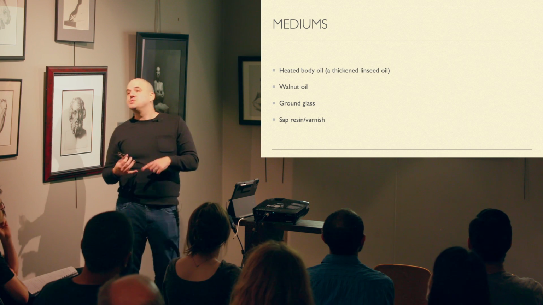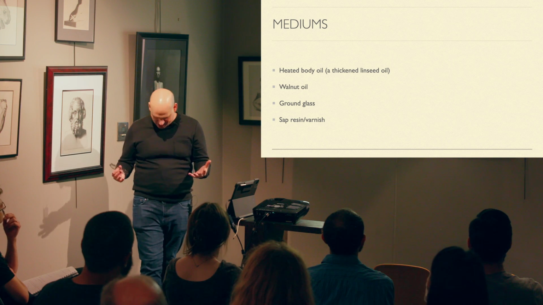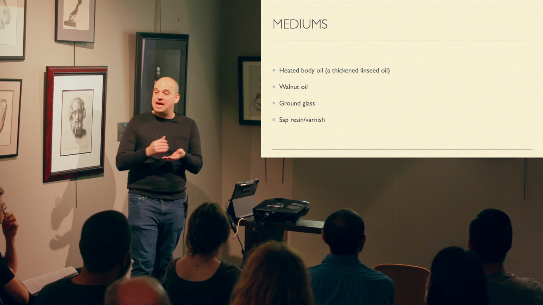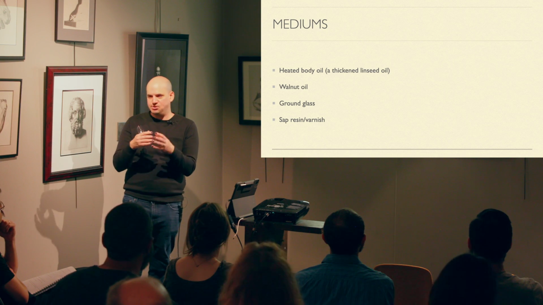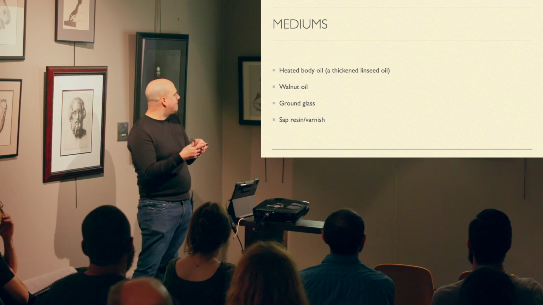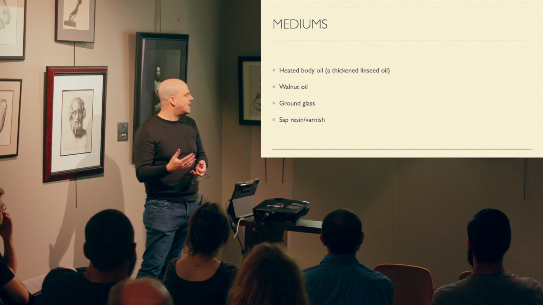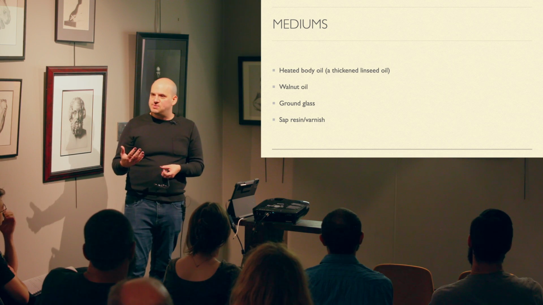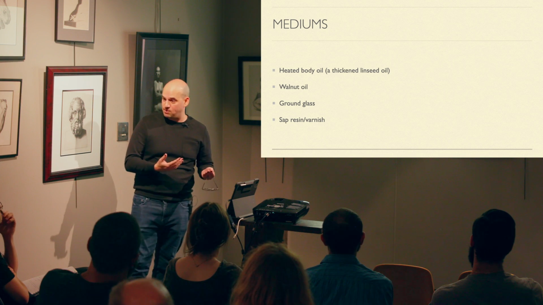Ground glass. So ground glass is not what it sounds like. When there's a car accident and a windshield gets shattered and there are these shards, it is not that. It is glass, but it is pulverized into a powder, and it creates an iridescent quality. It also helps expedite what is called the polymerization of oil painting, so it actually helps in some ways that way.